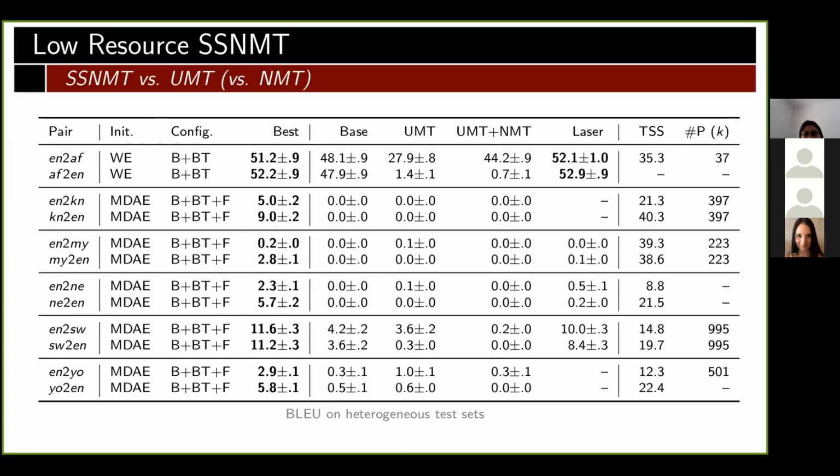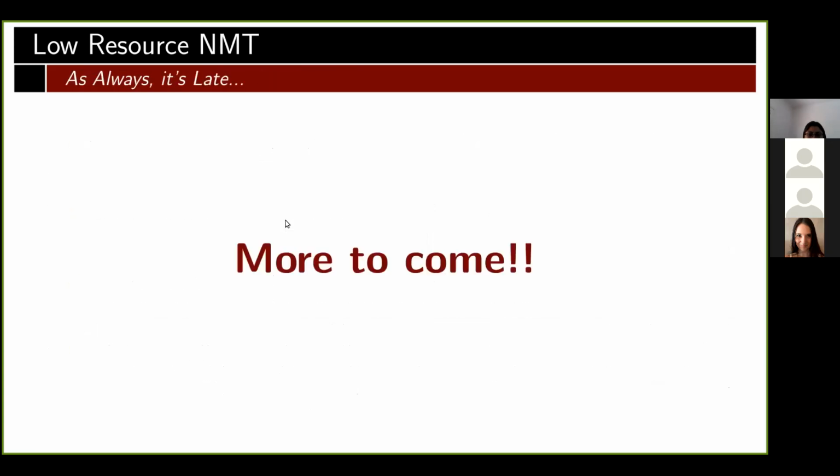We go from all zeros to this column here, where we achieve something even higher than 10 for some languages. We are not able to do much for other languages, but we get something at least a bit translated for all of them. But we'll see this next time.